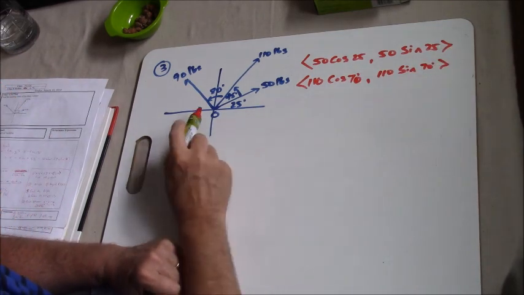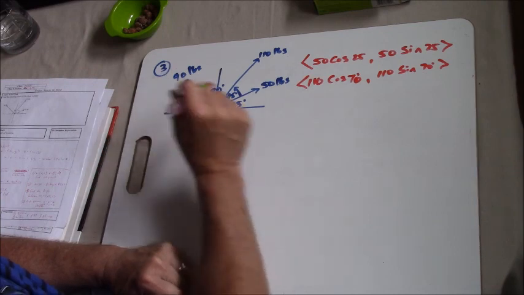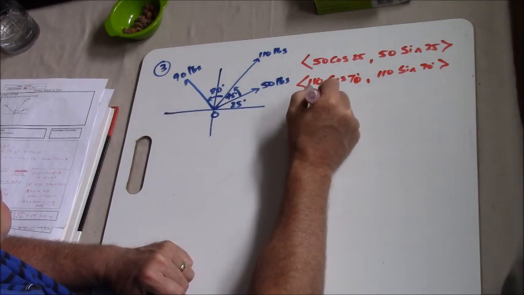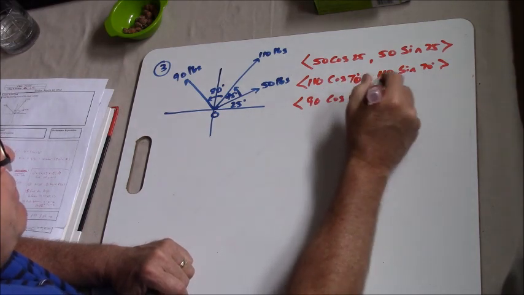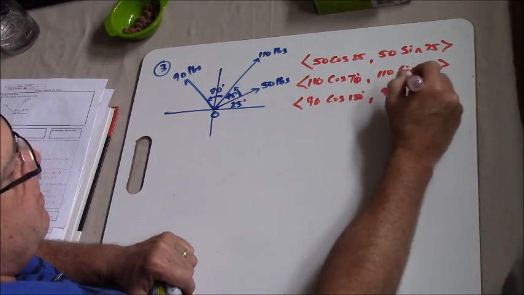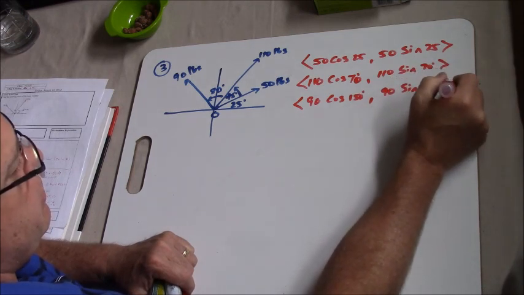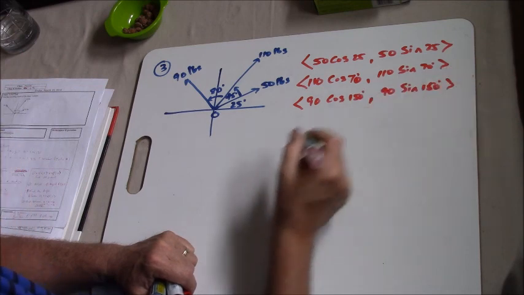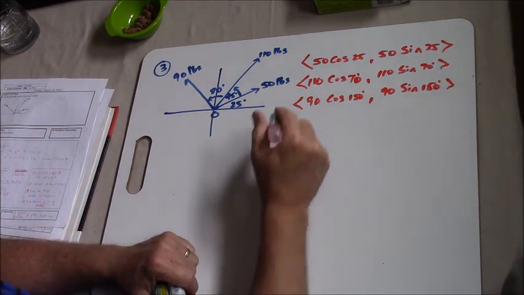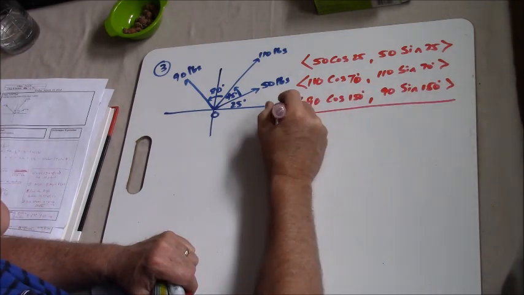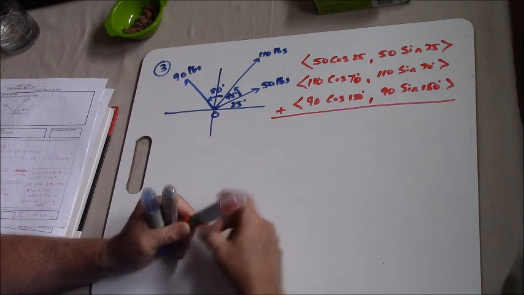And then my third vector: 70 plus 80 is 150, so I've got 90 cosine 150 degrees and 90 sine 150 degrees. Now we just add them up. Go ahead and pause and see if you can finish that.